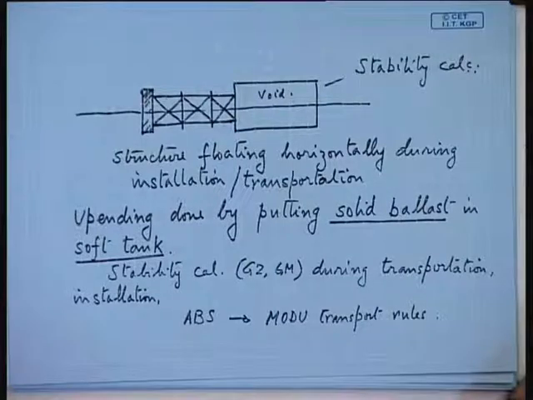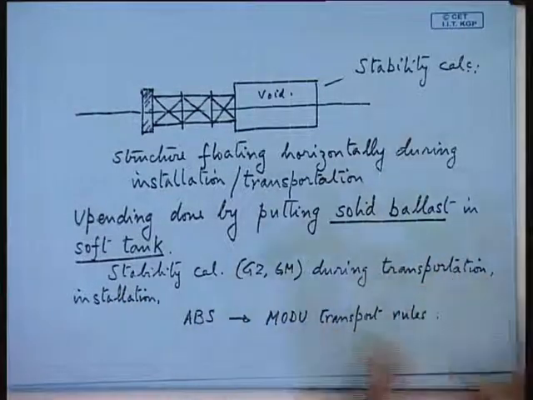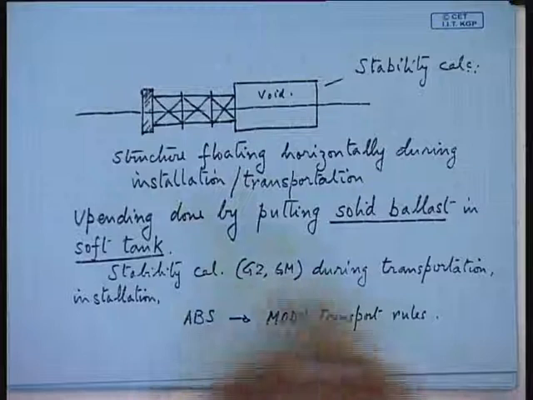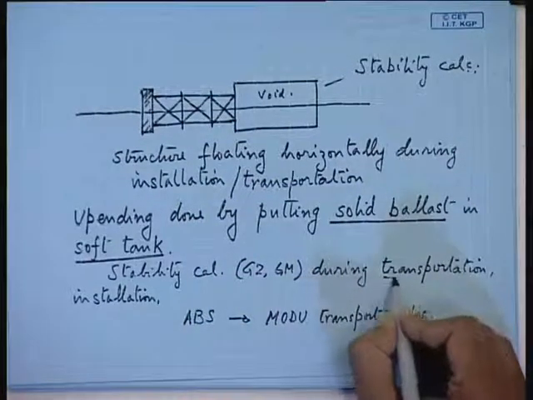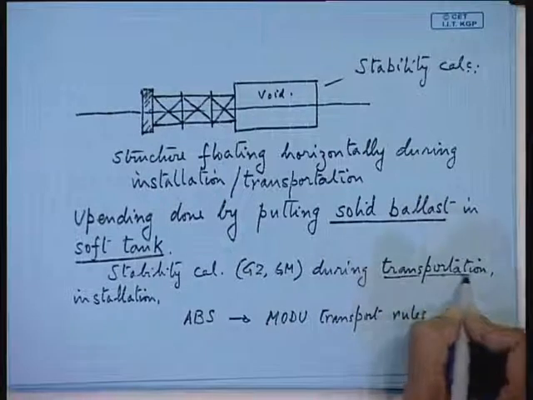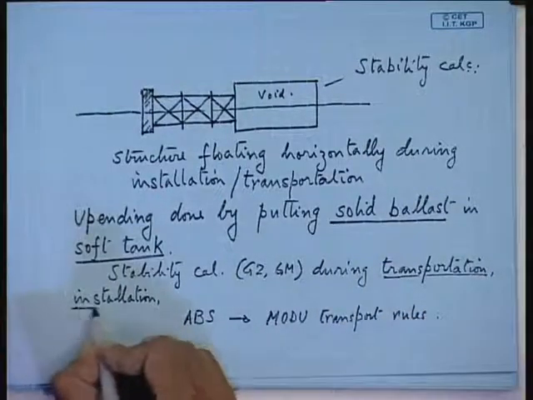They have all these API codes, ABS, DNV and all this. So, when you go to the companies, you will have to rake up all these rules. But you have to do the stability calculations during installation and transportation. It is a major part of calculations for naval architects.